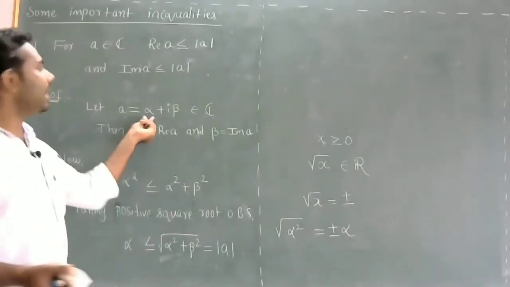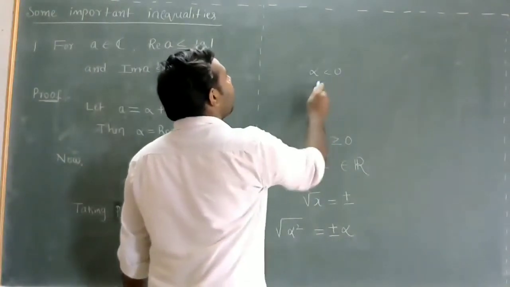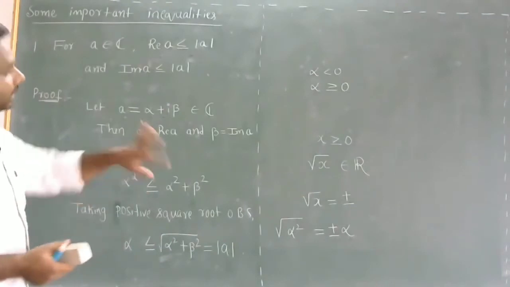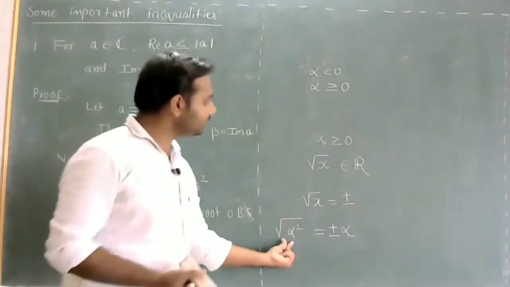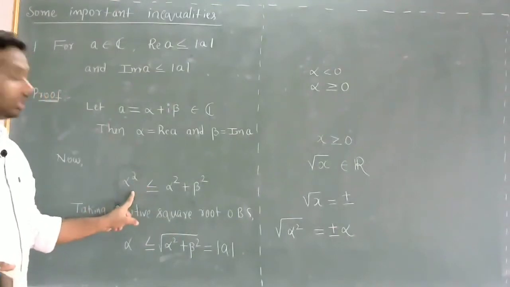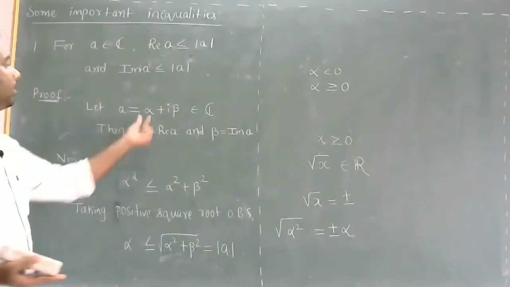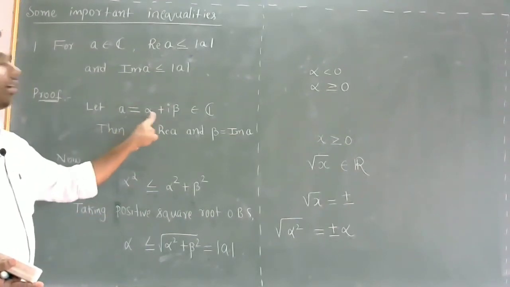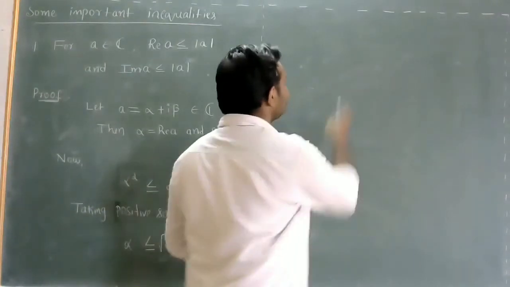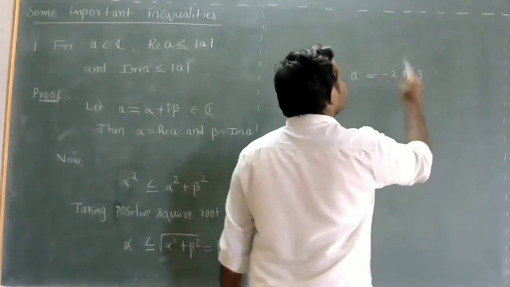And here, I have taken the positive square root of alpha square. I don't know the value of alpha. Alpha could be negative or alpha could be non-negative. So in any case, I need to consider only the positive value of the square root of alpha square, which will be nothing but the absolute value of alpha. For example, suppose A is -2 plus i3.